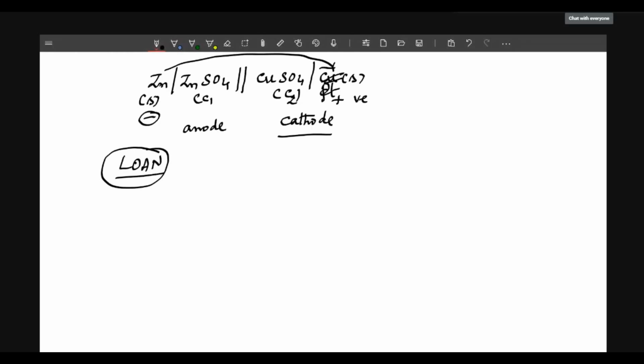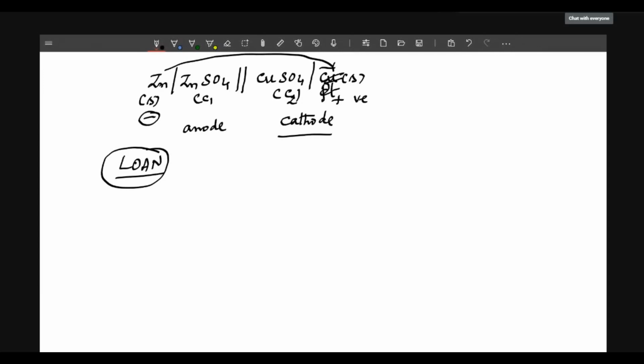The copper 2 plus ion will be converted into copper and deposited at the bottom; it would not adhere to the platinum itself. Therefore, the weight of the platinum remains as such. Such an electrode we call an inactive electrode.